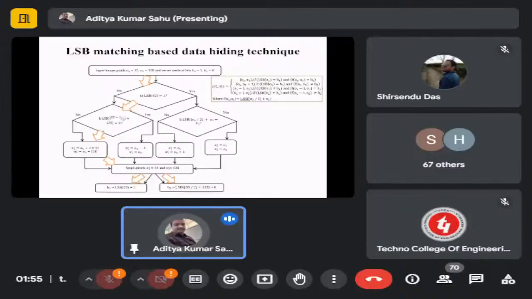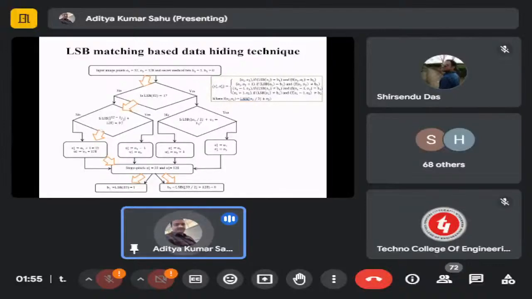In this technique, each pixel hides one bit, and initially we will consider two pixels and two secret bits at a time. Consider the two bits, B1 and B2, whose values are 1 and 0. You can take any value, no such restriction. The whole algorithm depends upon this equation, given on the right-hand side.